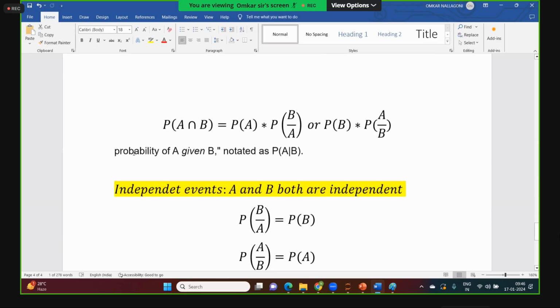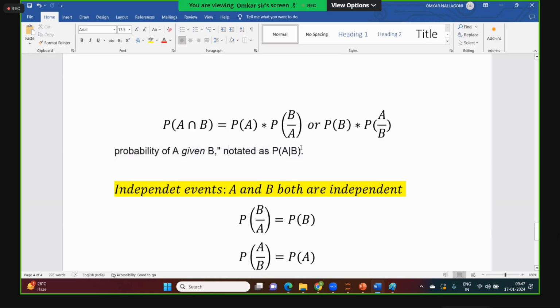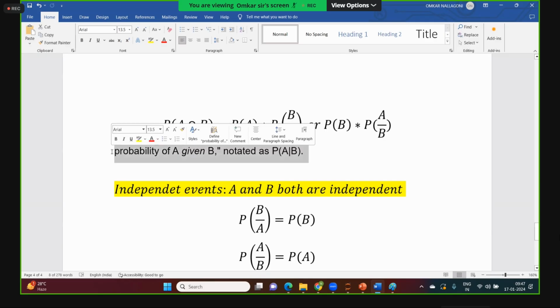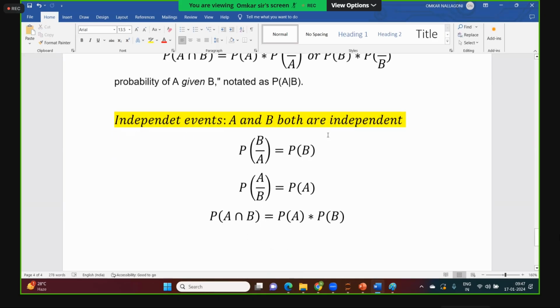So probability of A given B. Given B means what? Who will come first? Probability of A given B means who comes first, A or B? Tell me, Shankar. B comes first.